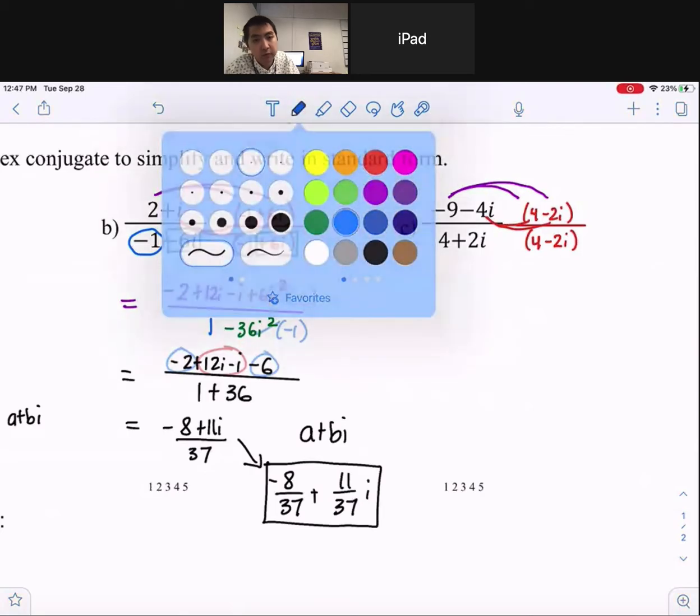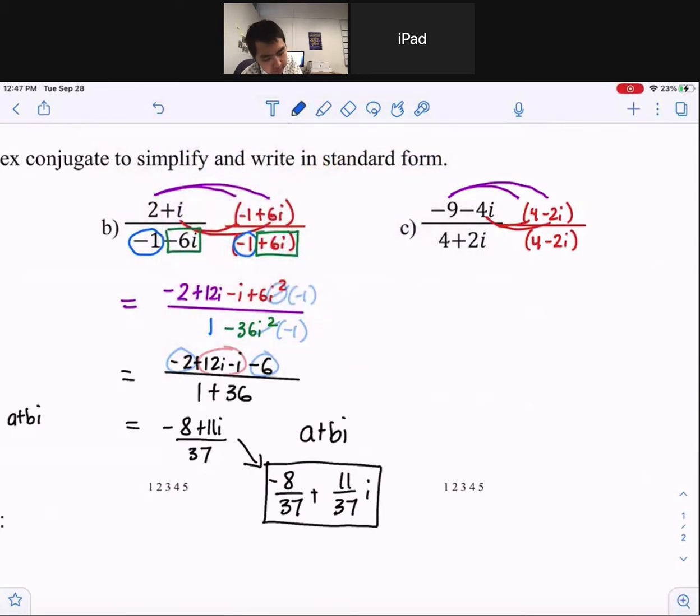And on the bottom, since we're multiplying by the conjugates, you guys, we can do the shortcut. 4 times 4 and 2i times -2i. Okay, purples. -9 times 4 is -36. -9 times -2i, that's +18i. Now the reds. -4i times 4 is -16i, and -4i times -2i is +8i to the second power.